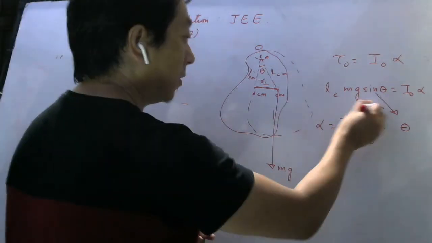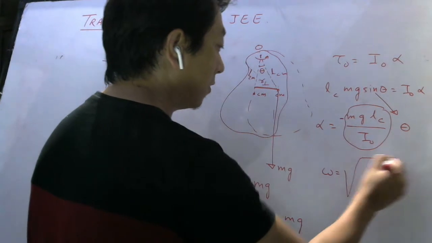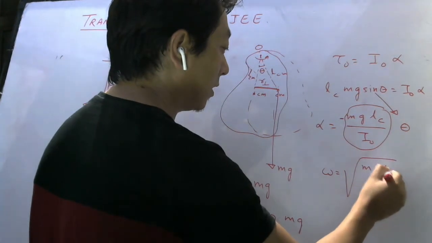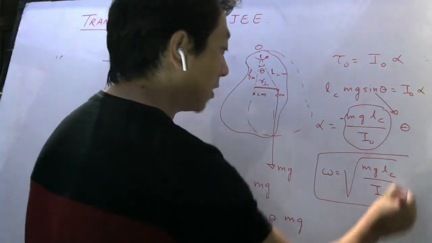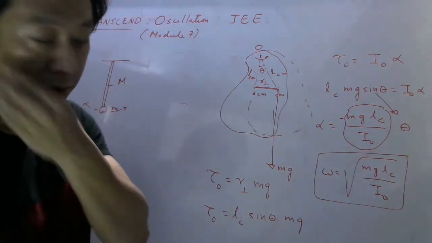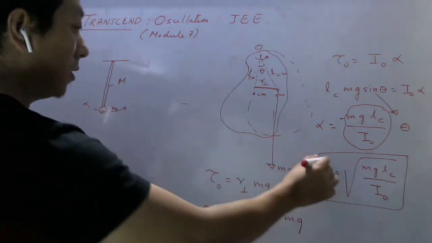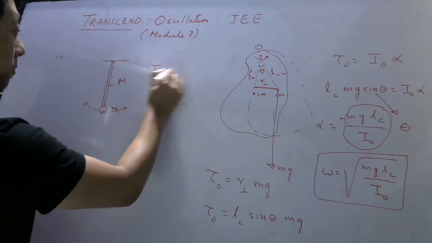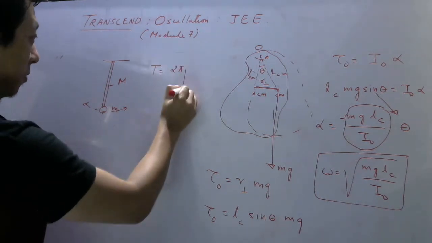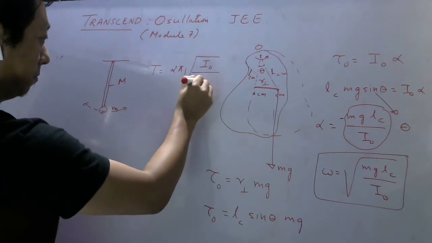So this will play the role of omega square. So omega will be root over mg LC by moment of inertia about the pivot. So try to memorize this result. For a compound pendulum, the angular frequency will be this, or if you want to know the time period, what will be the time period? 2 pi divided by omega, so that will be 2 pi root over I about pivot by mg LC.